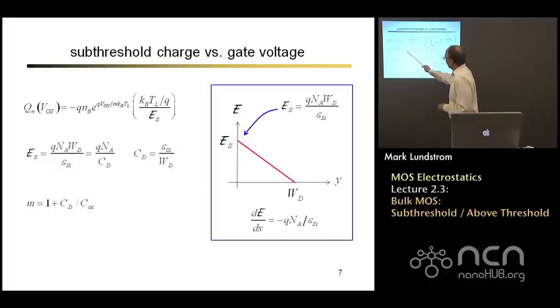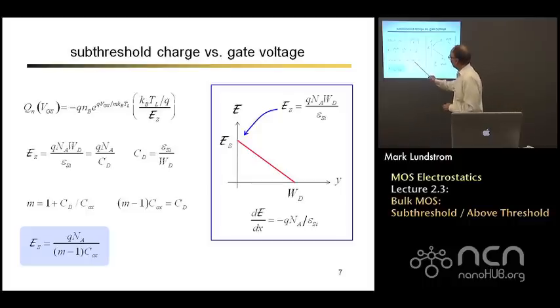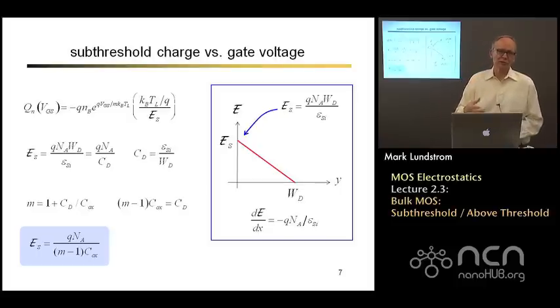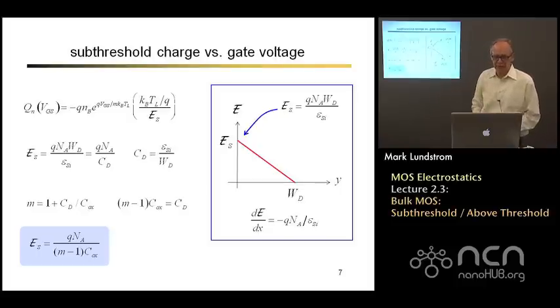That means that I remember that this factor M, this voltage divider ratio, depends on the depletion capacitance. So I could solve for that depletion capacitance in terms of that parameter M. And if I do that, the electric field will be QNA over (M minus 1) times Cox. So we've re-expressed the electric field in terms of things that we have more chance of knowing numerically in a MOSFET.